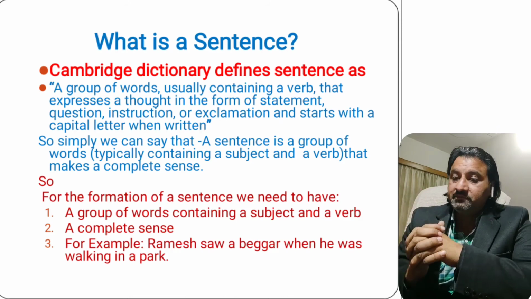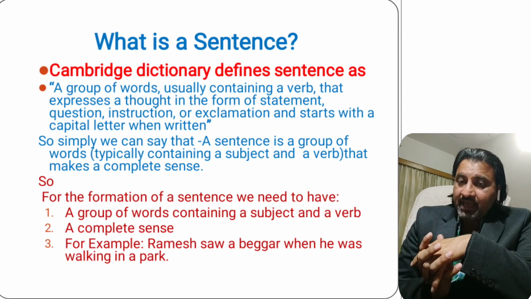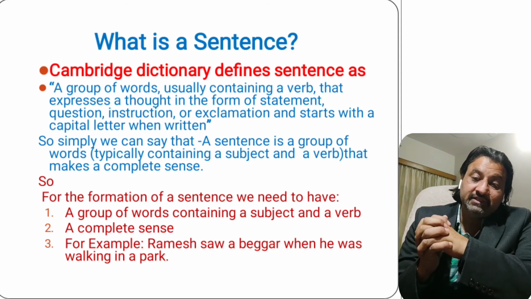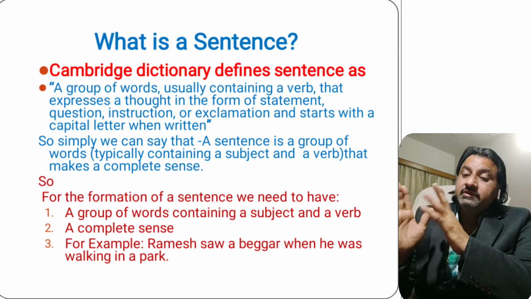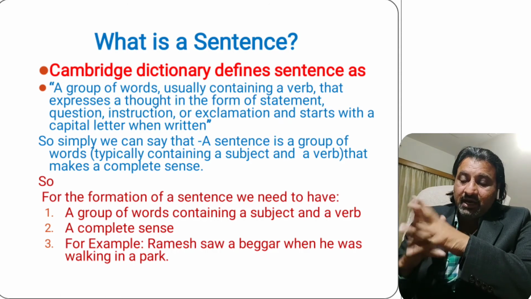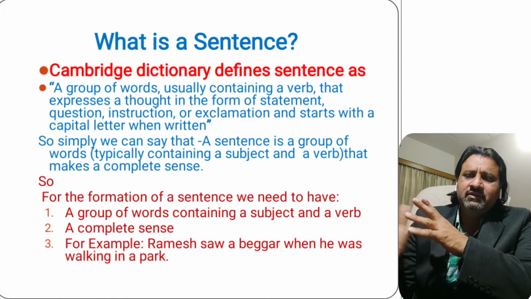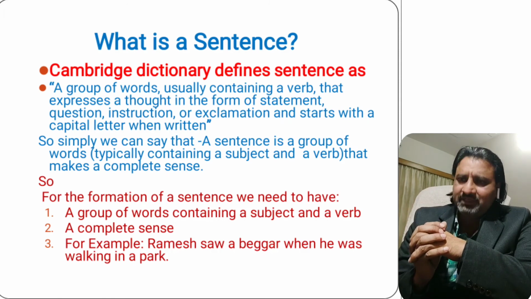We should have a group of words first of all, and this group of words must make complete sense, because unless this group of words is arranged in a proper order, it will not make complete sense.